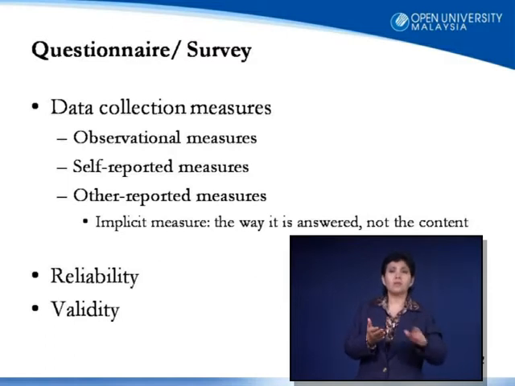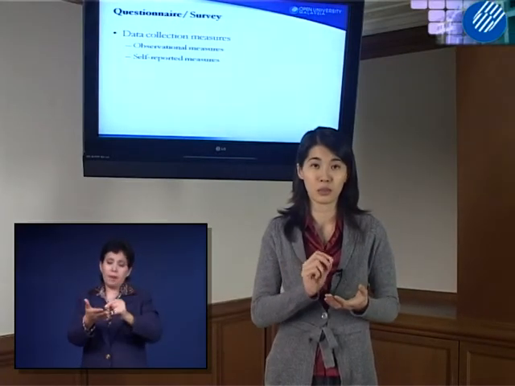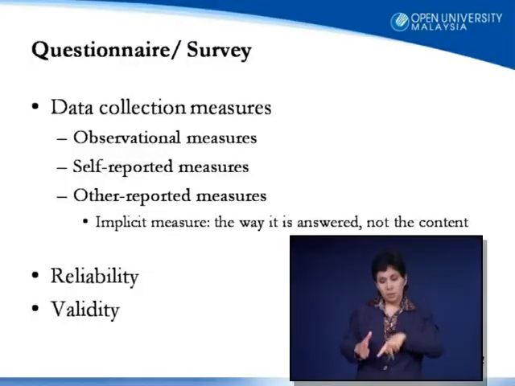Next one is the self-reported measures. Self-reported measures, hereby you let the participant tick what they think. It can be their personality or their mood. Next one, other reported measures such as implicit measure. Implicit measure, you want to measure something, but that's not the real purpose of why you want to measure.